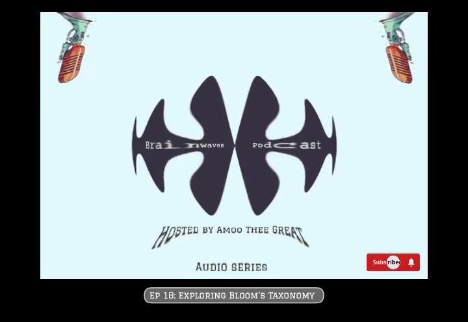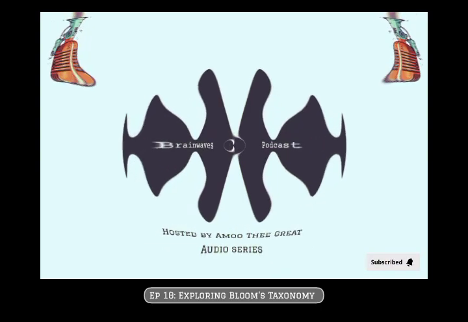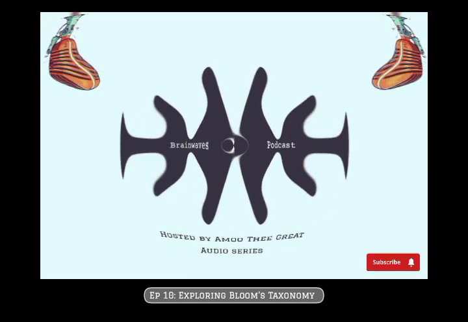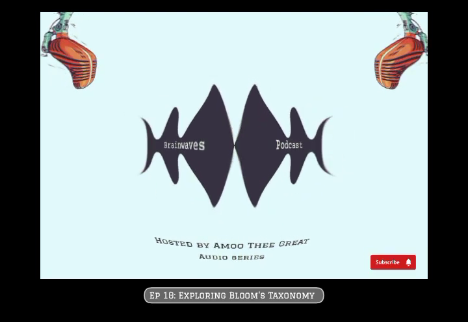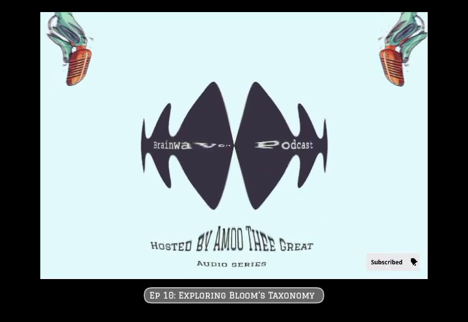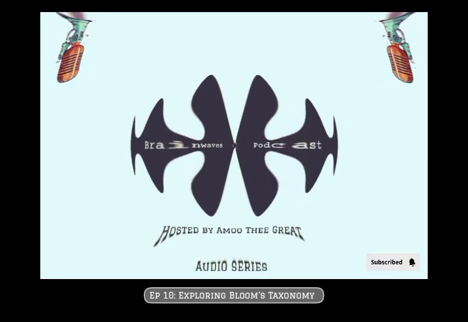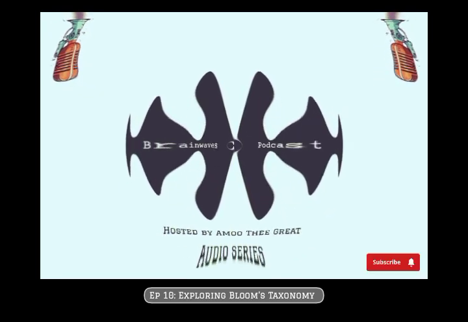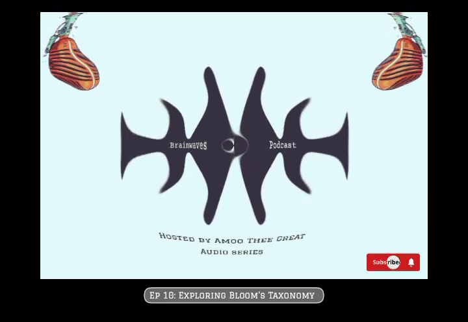Now, we enter a higher order thinking stage, analyzing. Here, learners break down information into parts and examine relationships. For example, analyzing a poem involves identifying themes, symbols, and literary devices.